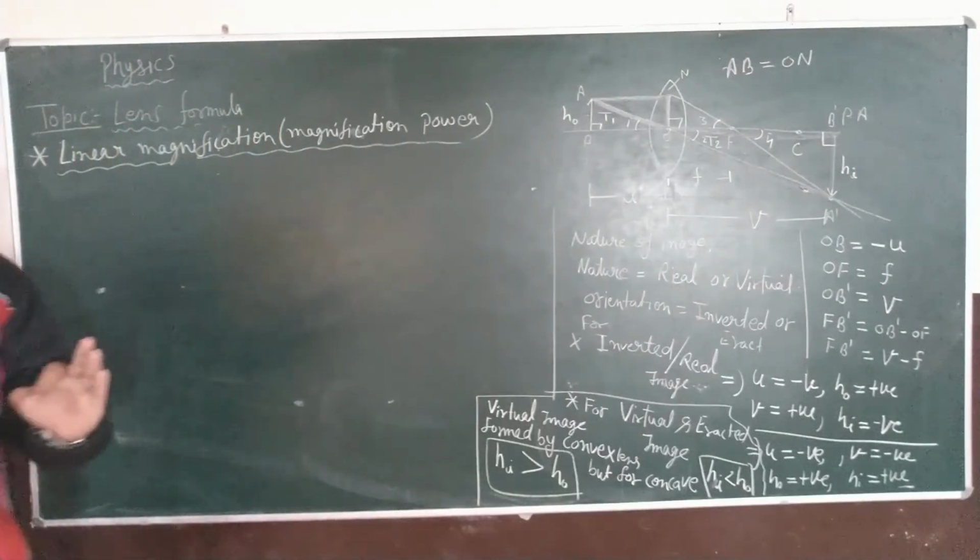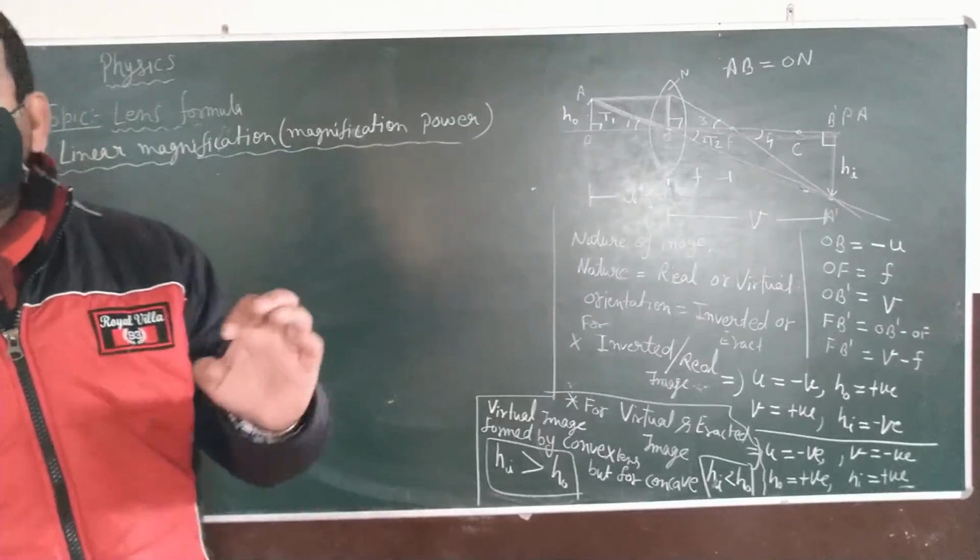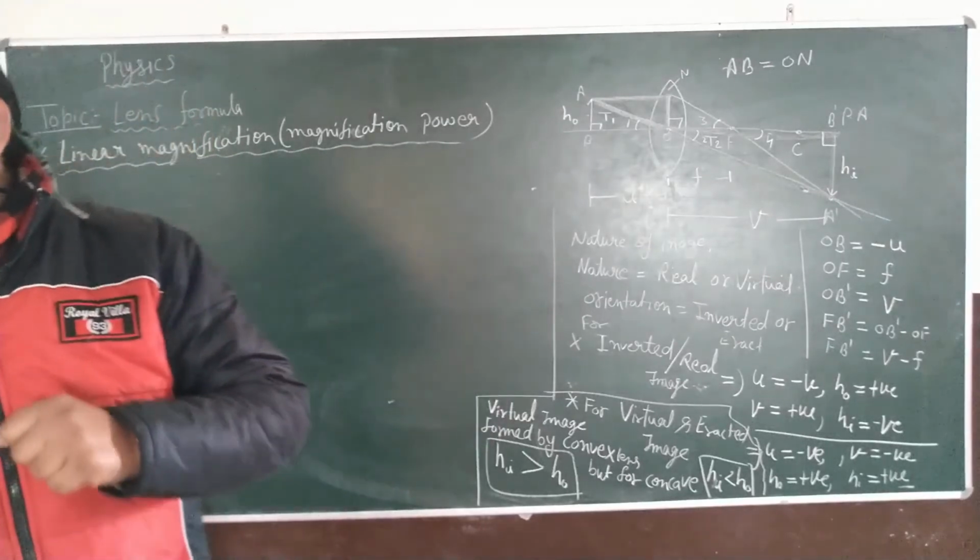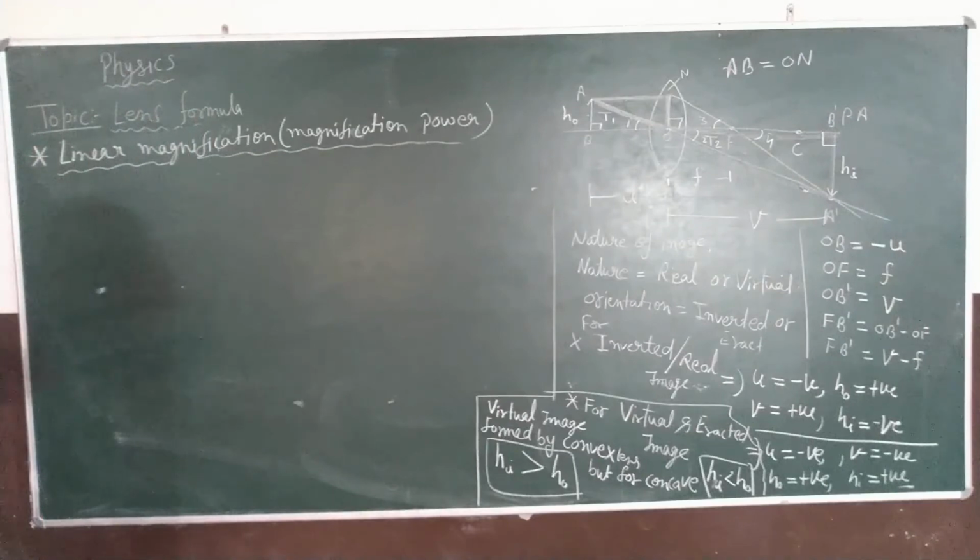Okay, now linear magnification produced by a lens. It is basically the ability of a lens to form the image.